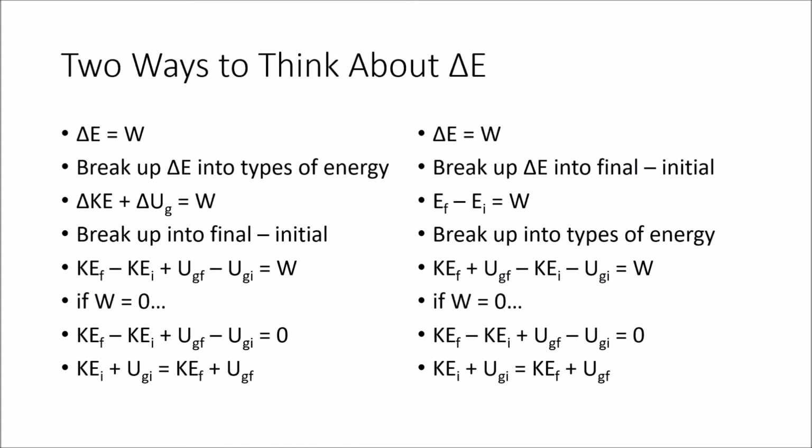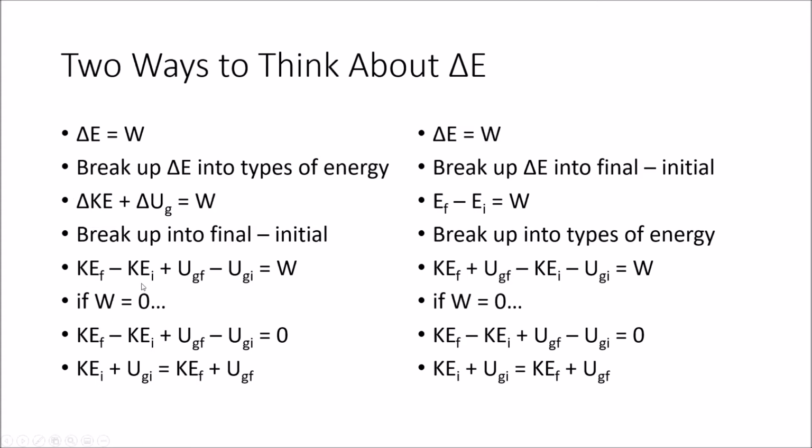You might be told in a problem exactly, yeah, the change in this thing is going to equal that. And if that's true, then you don't need to break it up. If you're told the change in gravitational is 19 joules, then you don't have to break it up into UG final minus UG initial. You can leave it as just 19 joules right there. And then solve for whatever else you need to solve for. That's not always going to be the case, of course.